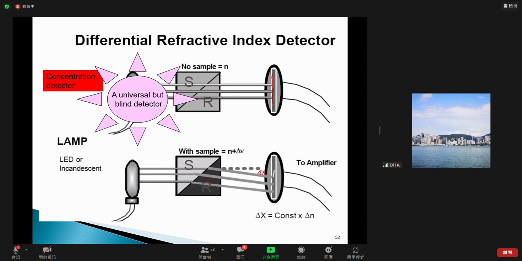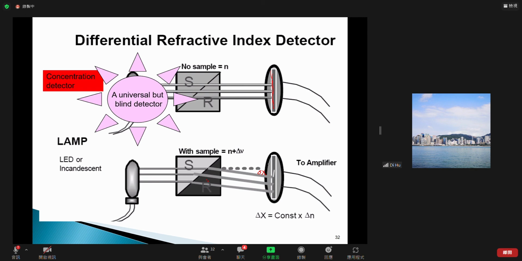That shift responds to the change of the refractive index. The higher the difference between the refractive index of the sample and the eluent, the more intense the signal.